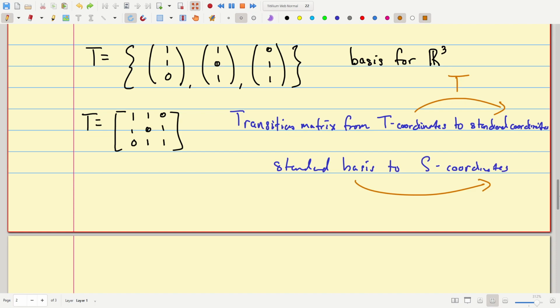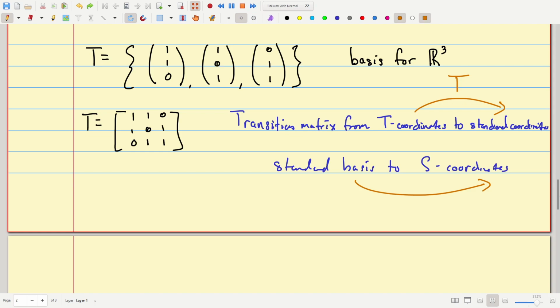I multiplied by T. Okay? If I instead want to go from standard coordinates to T coordinates, what should I do? Multiply by T inverse. Okay. So if I have some other basis, S, and I want to go from standard coordinates to S coordinates, what should I do? I multiply by S inverse.